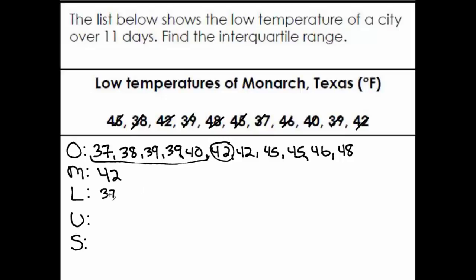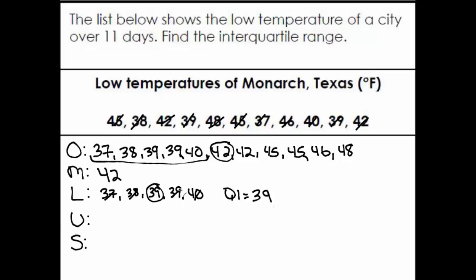We can rewrite the numbers for the lower half of the data. And there are 5 numbers here. We can cross the numbers from either side until we get to the middle for our median. And so our lower quartile, our Q1, is 39.